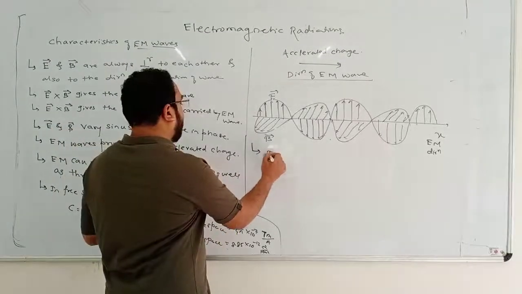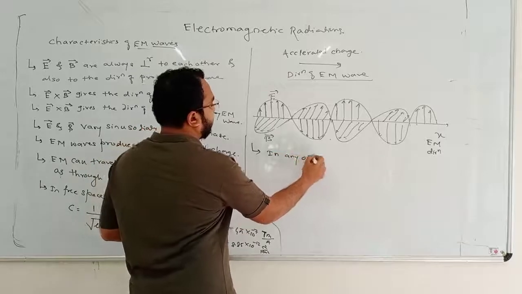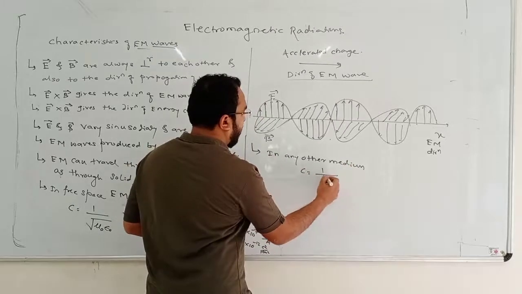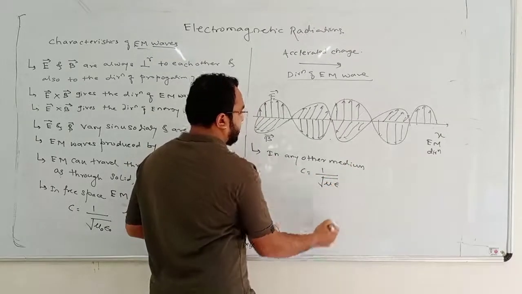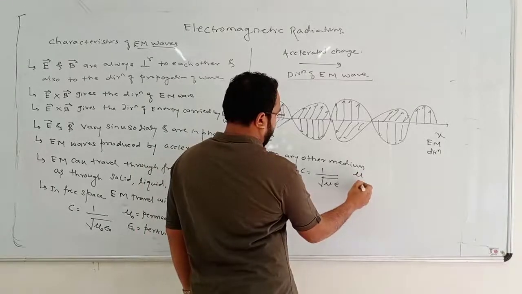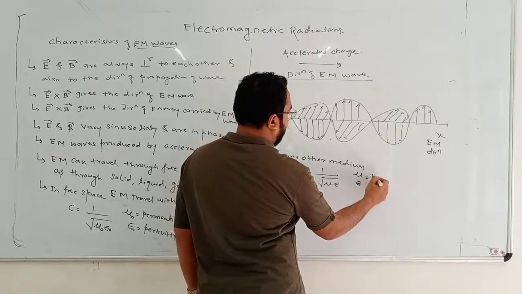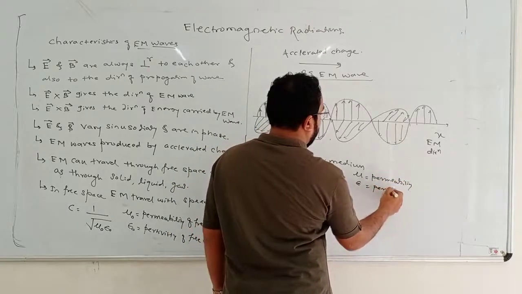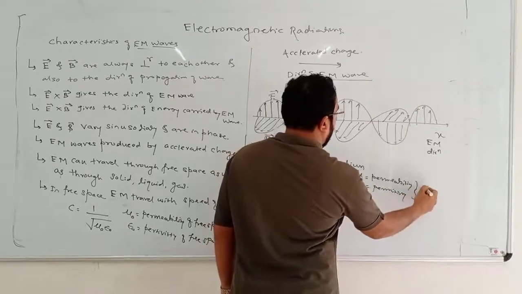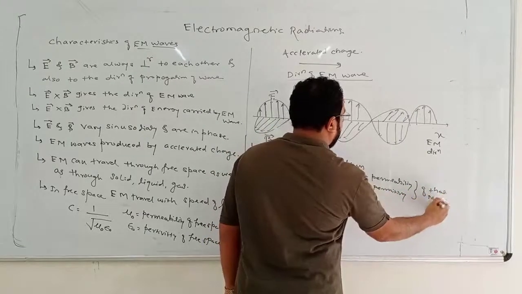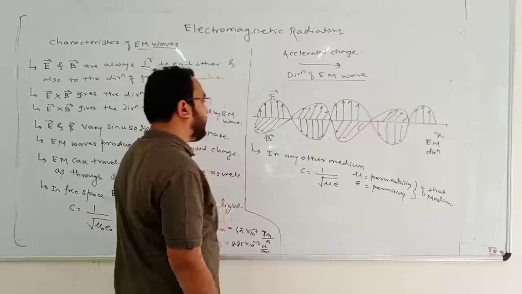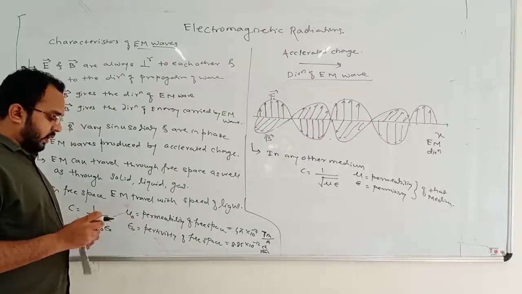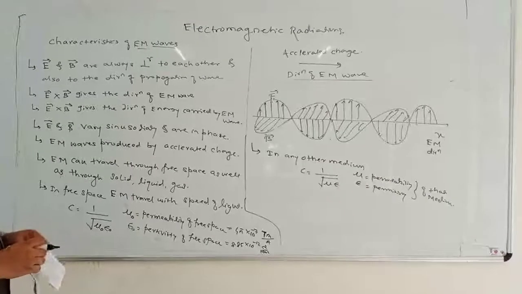So we can say in any other medium, c equals 1 upon under root mu into epsilon, where mu and epsilon are the permeability and permittivity of that medium. Okay. And next point.